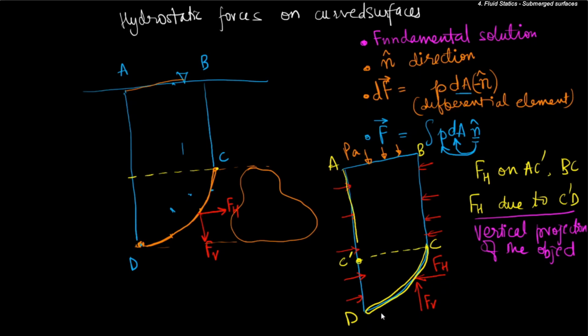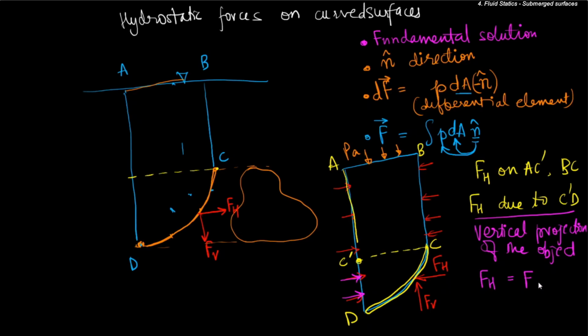So the object outline is CD, it is the vertical projection, that is C prime D. So if I am able to find out the force acting on C prime D, which is quite straightforward because C prime D is a vertical flat surface, and we know that finding out forces on vertical flat surfaces is easy.